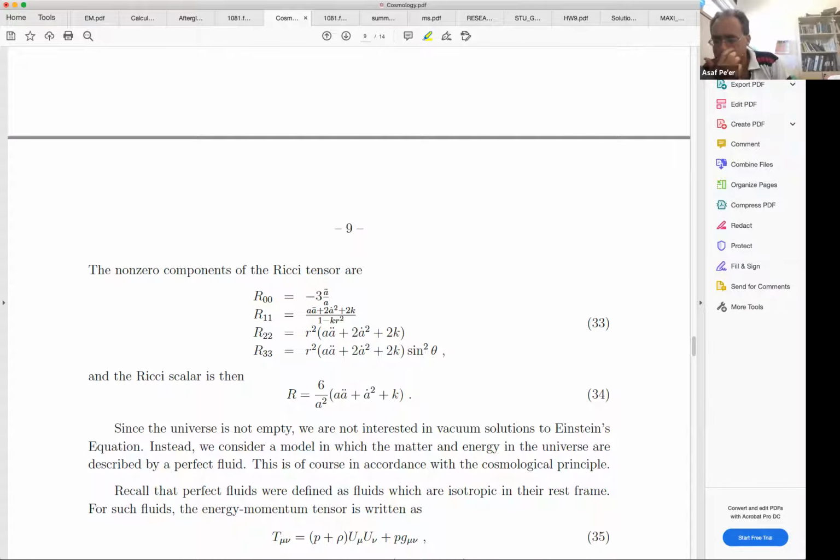Again, this is essentially the cosmological principle. Now remember, a very long time ago when we discussed special relativity, I introduced to you the energy momentum tensor of a perfect fluid. I told you we're going to have to make use of it at a certain point, and this is the point.